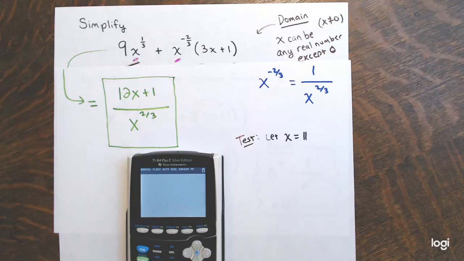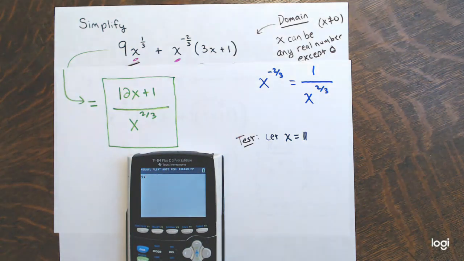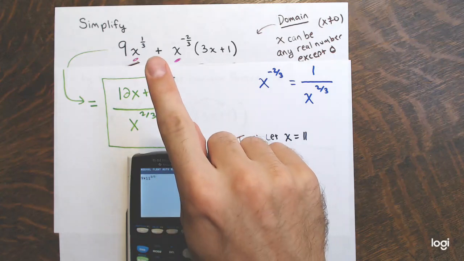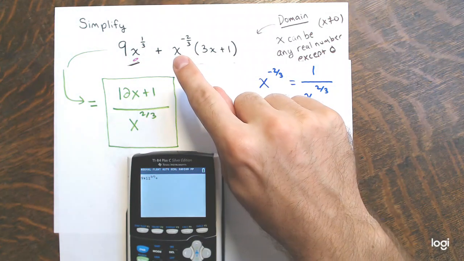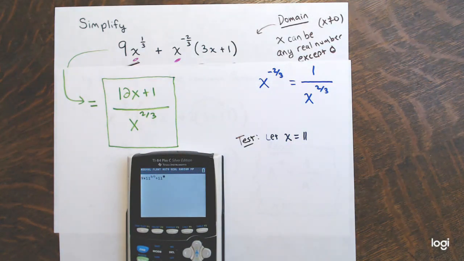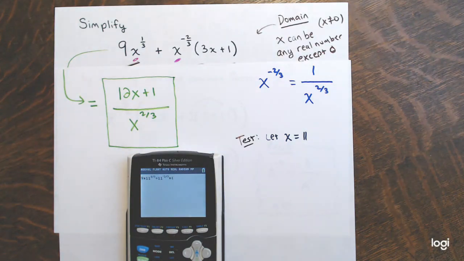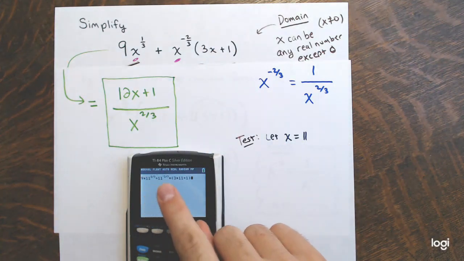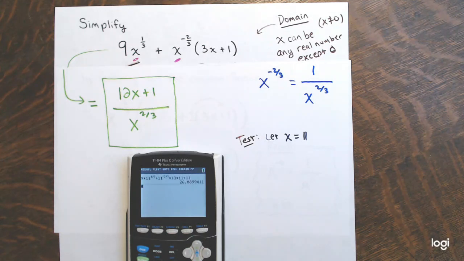I'm going to plug in 11 for x. 9 times 11 to the 1/3 power, so 11 raised to the fraction 1/3, plus the next product, again I'm having x be 11. 11 raised to the negative 2/3 power, times, in parentheses, 3 times 11 plus 1. Okay. That's the first expression I started with, where all the x's are replaced by 11, and the value is a real number.